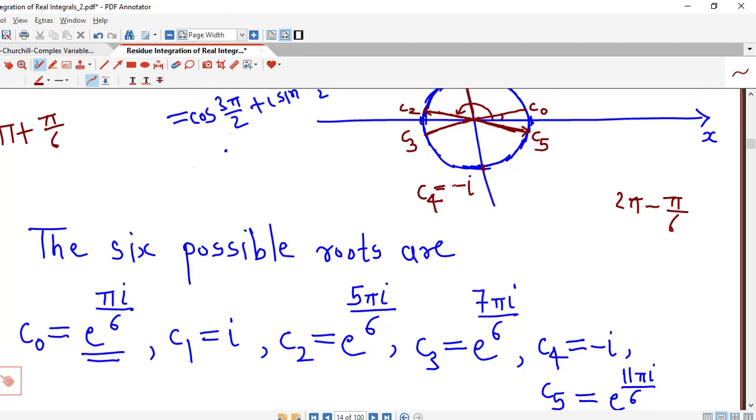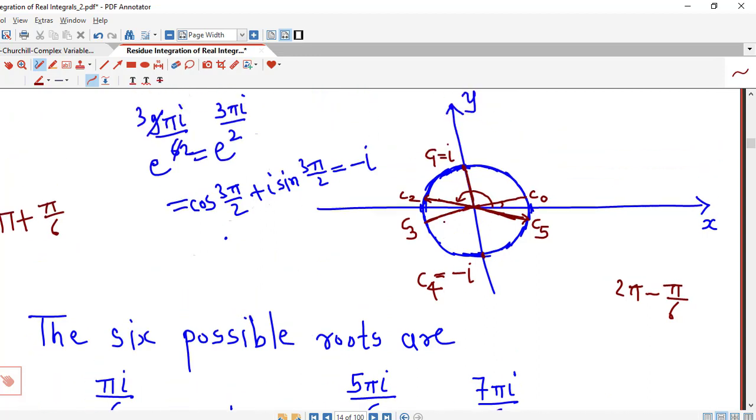This is C4. So we can see there are 6 roots, and among these 6 roots, C3, C4 and C5 are in the lower half plane. These 3 roots are in the lower half plane, and they are not of our interest. We are interested in roots in the upper half plane only.